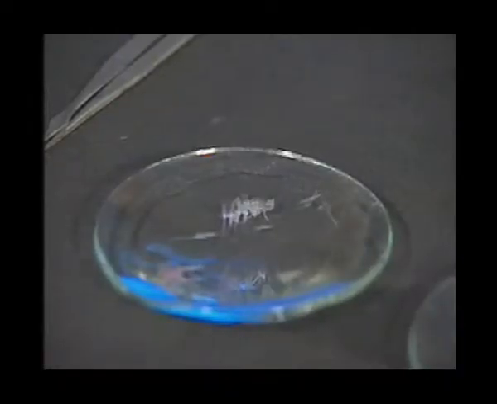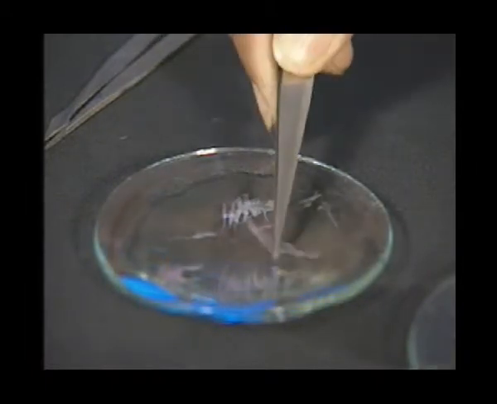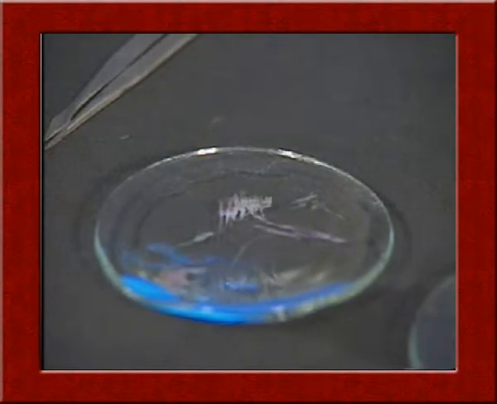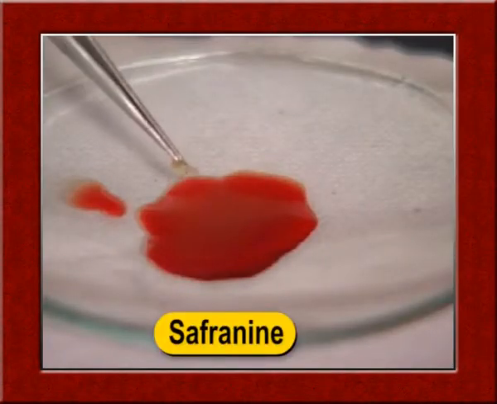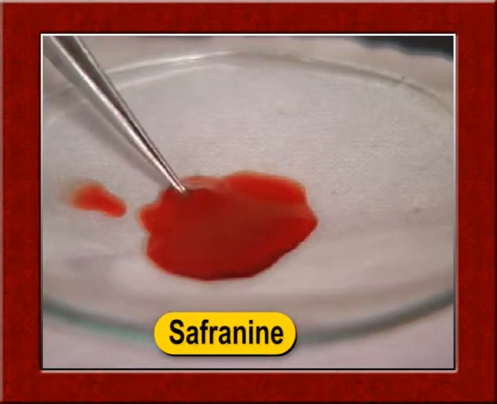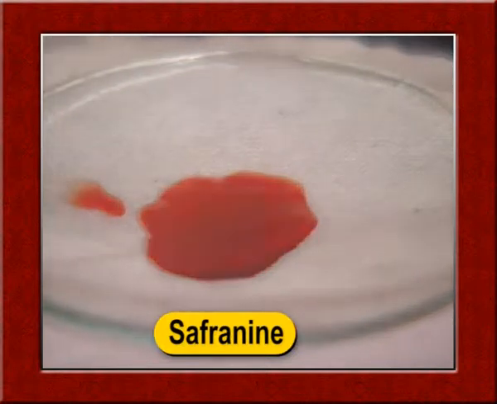Drop these pieces into a watch glass containing water. Select a fine piece and place it in this watch glass. Let's wait for some time till the peels take up the stain.